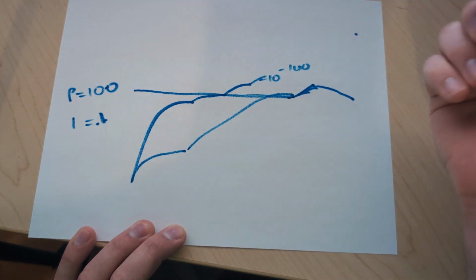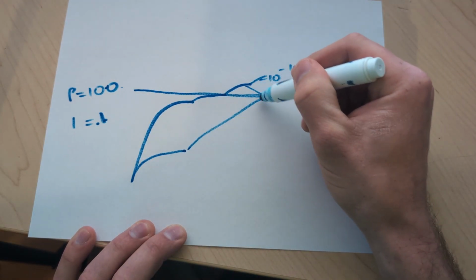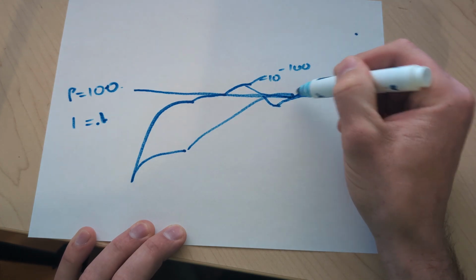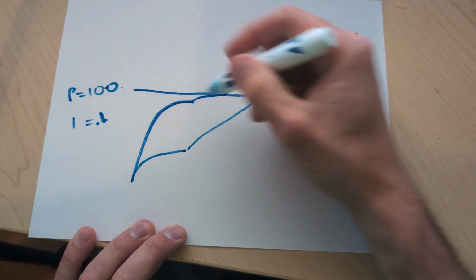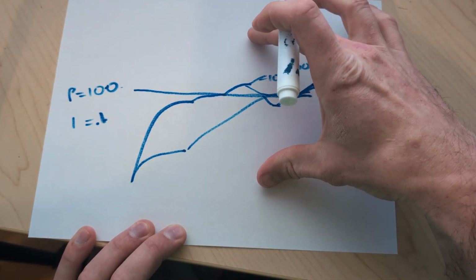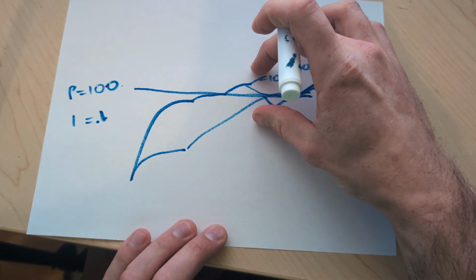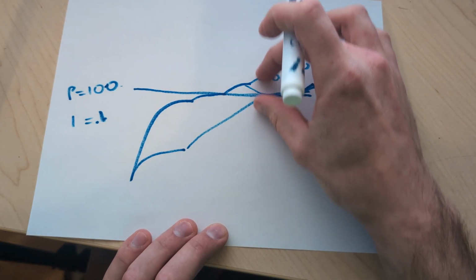Before your integral even has time to react, your proportional is going to take over, and it's going to say, hey, we've got to get back down here. And then as soon as you start getting below a little bit, it's going to say, hey, we need to start adding in. Basically, like we talked about, that range shrinks as you increase your proportional, your 0 to 100 range. So it's way more sensitive to any variations.